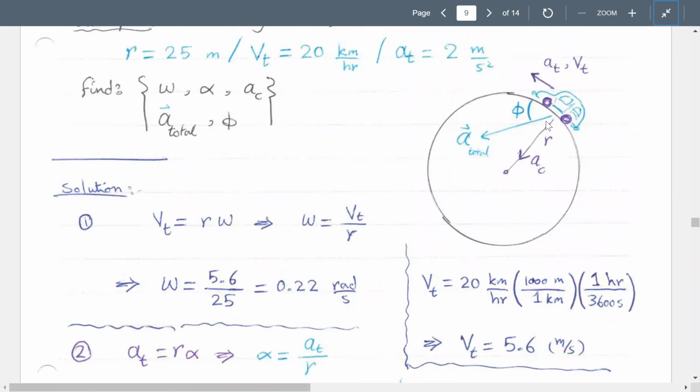So this value, 2.3. What about the phi? Phi, we have this angle. The opposite is AC. The adjacent is AT.